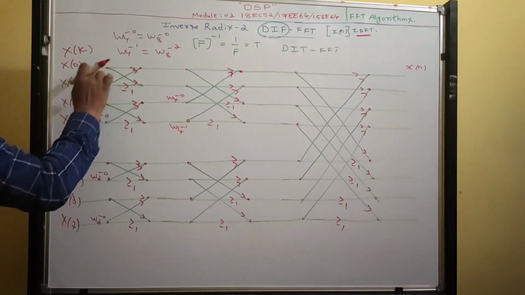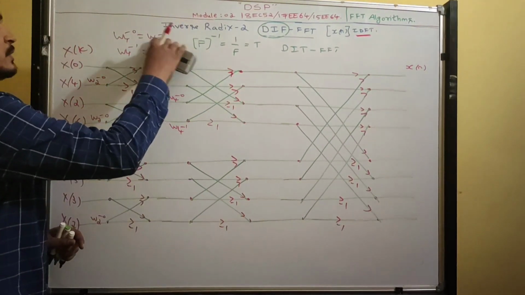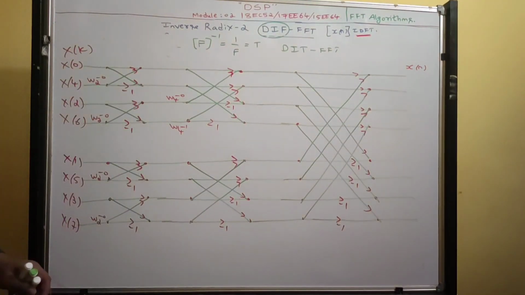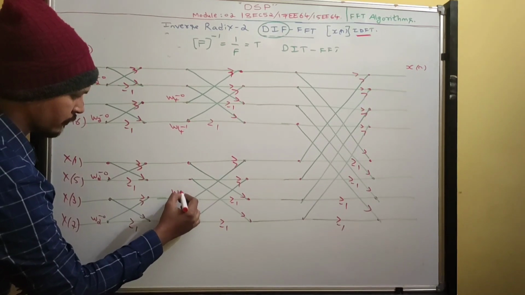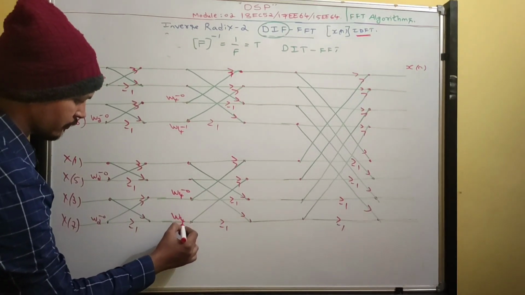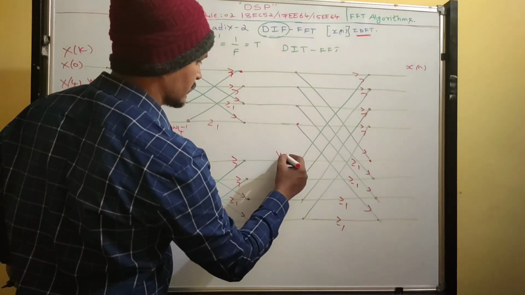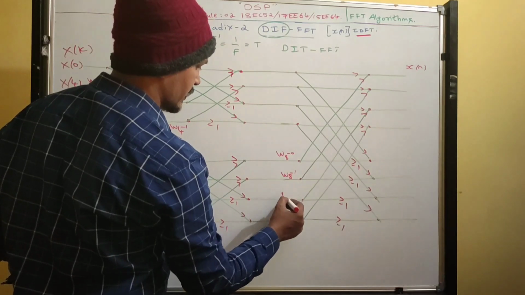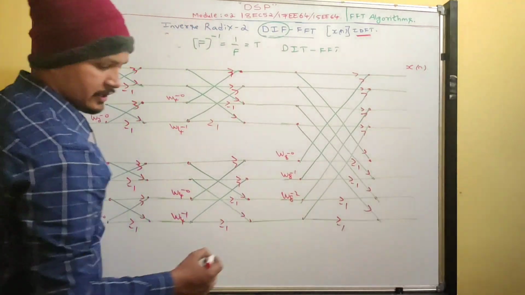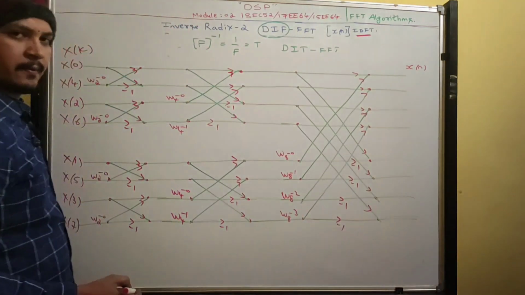So follow this: for 4-point you write 4, for 8-point you write 8. Here also minus 1: W4 power -0, W4 power -1. For 8-point, where minus 1 is there, you start writing there. W8 power -0, W8 power -1, W8 power -2, and W8 power -3.